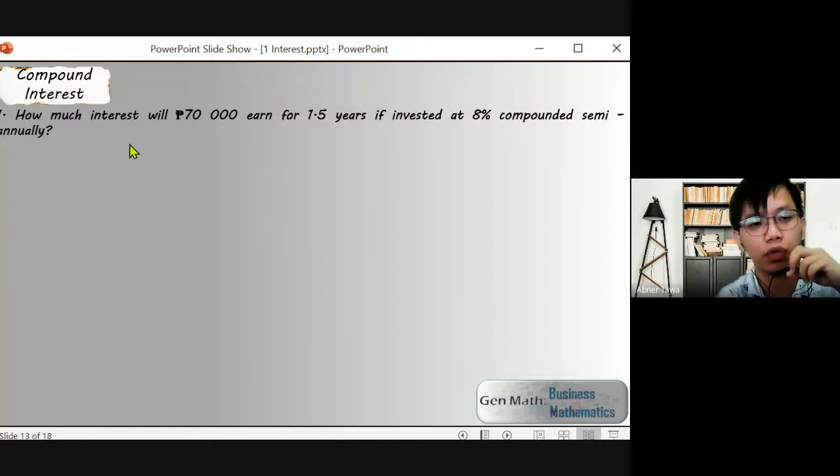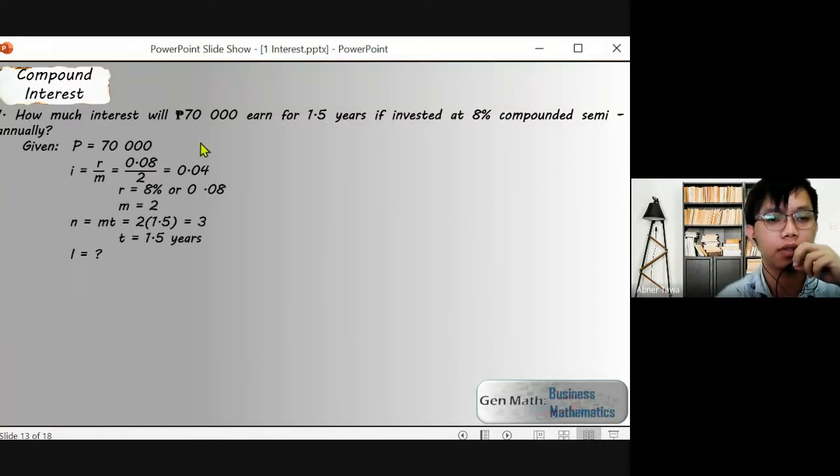Okay, next step, we're going to have here the given. So, ang tanong dito is how much interest. So, yun yung maging unknown natin. And of course, we cannot directly solve for the interest. We need to identify first the future value, kasi hindi pa given yung future value dito sa ating given problem. Okay, so what will be the 70,000 pesos? That is our principal amount.